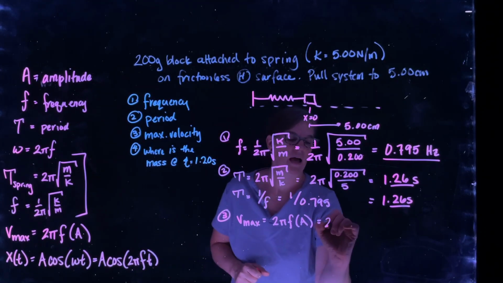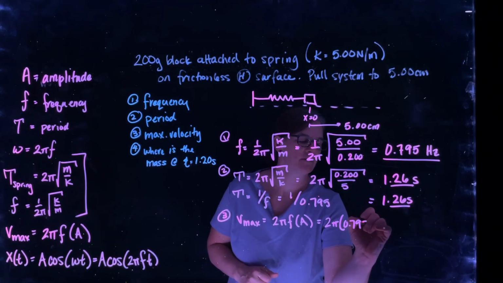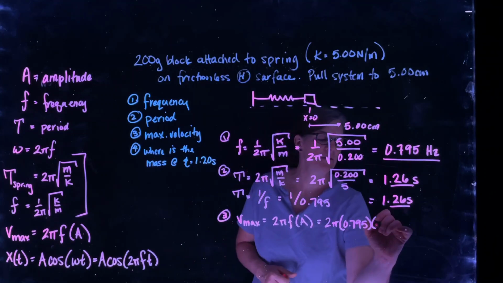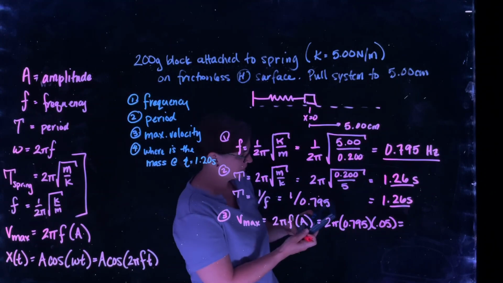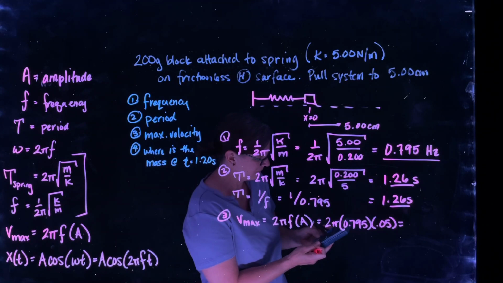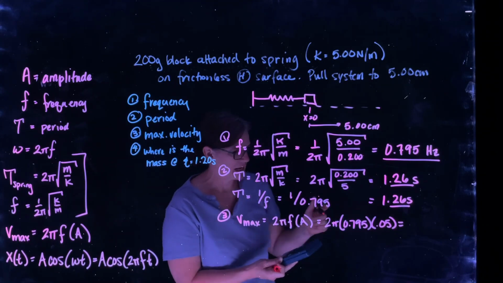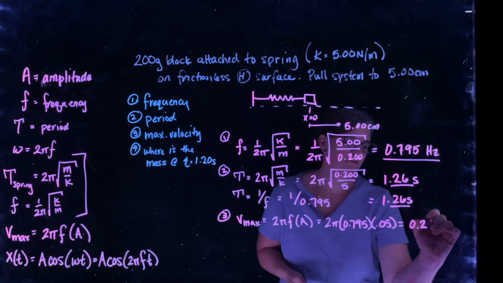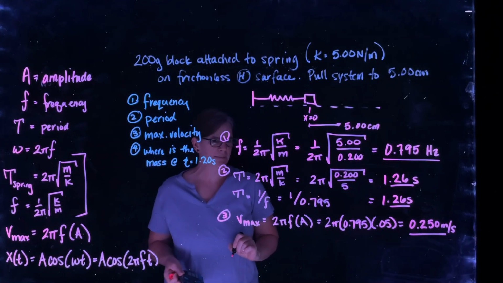So we have 2 pi, our frequency of 0.795, our amplitude, I've displaced the system by 5 centimeters, so 0.05. So 2 times pi times 0.795 times 0.05. We get a maximum velocity of 0.250 meters per second.